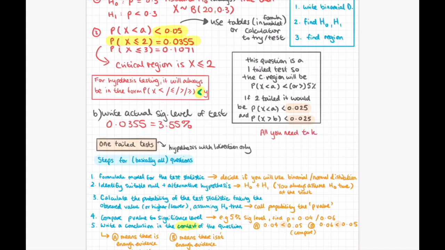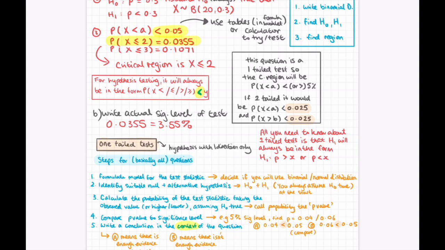All you need to know about one-tailed tests is that H1 will always be in the form H1: P is bigger than X or P is less than X in this chapter.